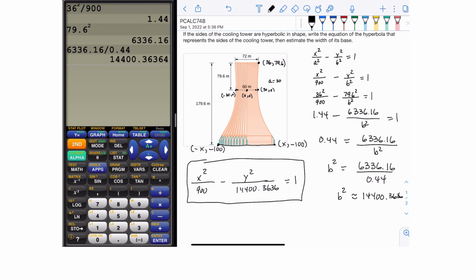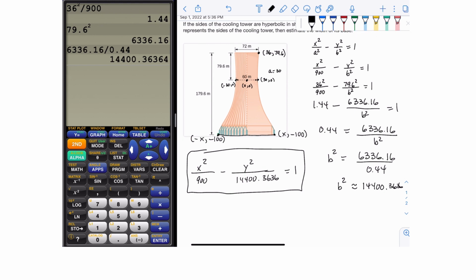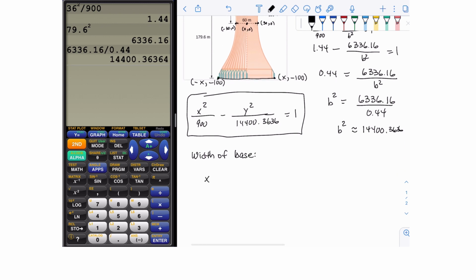So if I substitute y equals negative 100, so we have x squared over 900 minus negative 100 squared over that number. And now it becomes a mission of solving for x.